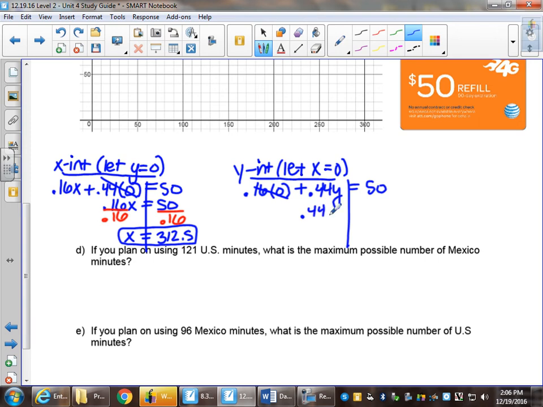Now I've got 0.44y equals 50. Divide by 0.44. 50 divided by 0.44 equals, I got 113.64.